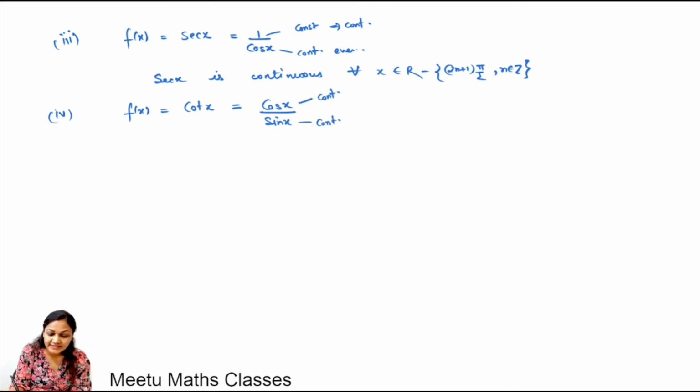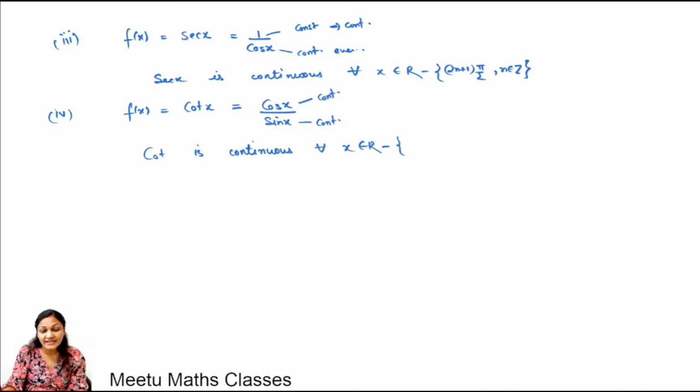So cot x is continuous for all x belongs to R except those points where the denominator function sin x becomes 0, and that is all multiples of pi. Okay, so your cot x function is continuous when x belongs to R minus n pi, where n belongs to integers.